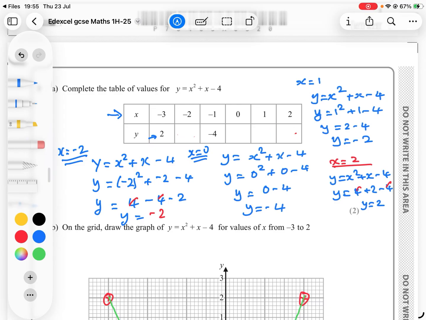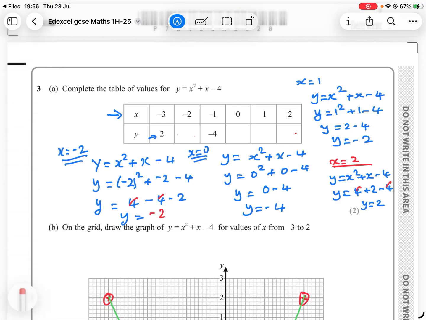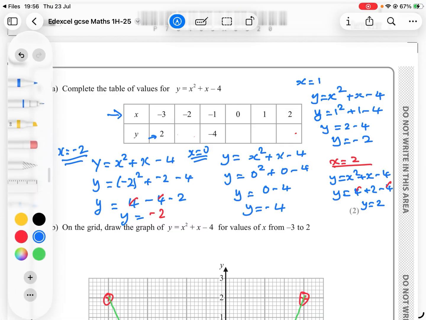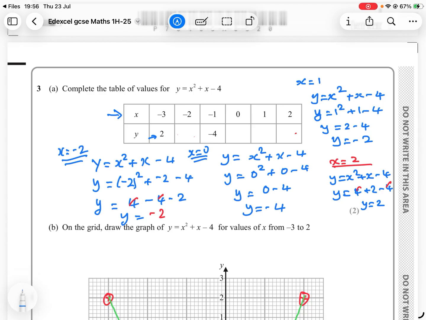Okay. When you substitute x for minus 2, you can see clearly here, minus 2 squared plus minus 2 take away 4. Minus 2 squared is positive 4.